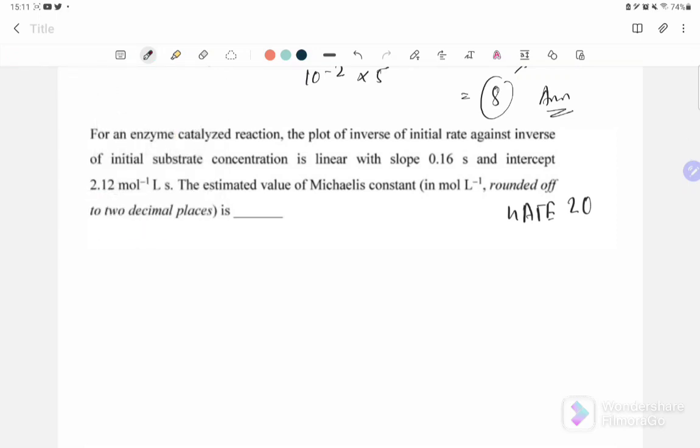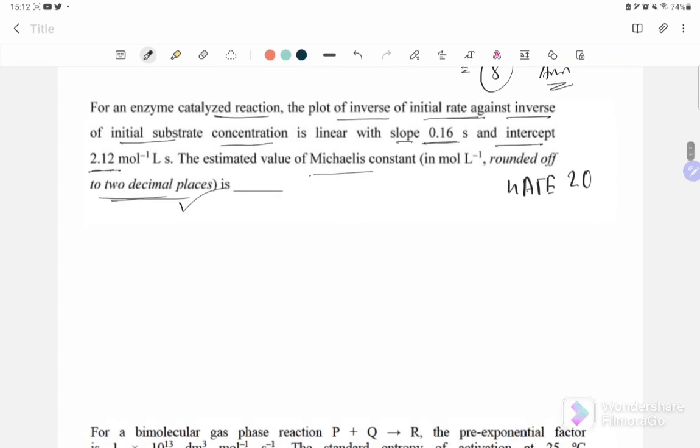It asks about an enzyme catalyzed reaction. For an enzyme catalyzed reaction, the plot of inverse of initial rate against inverse of initial substrate concentration is linear with slope 0.16 and intercept 2.12. So the estimated value of Michaelis constant, they asked for two decimal places.